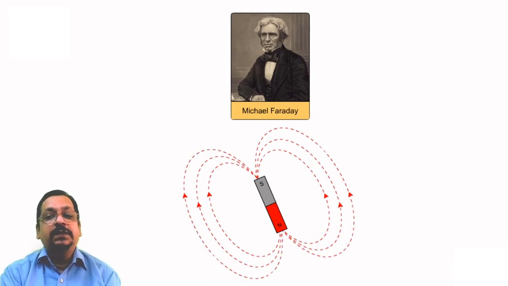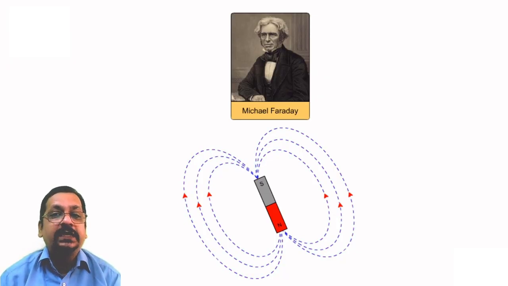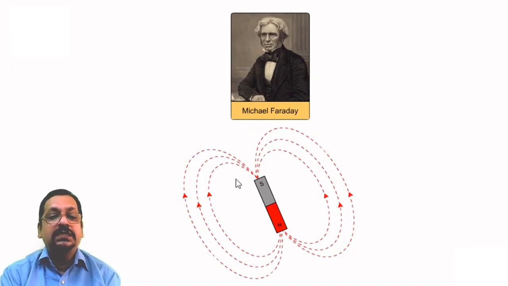It is a picture of the British scientist Michael Faraday, who introduced the concept of lines of force to explain magnetic and electric fields, or the attraction and repulsion between the two poles of a magnet or two electric charges. Now here you can see these lines of force which were introduced by Michael Faraday.